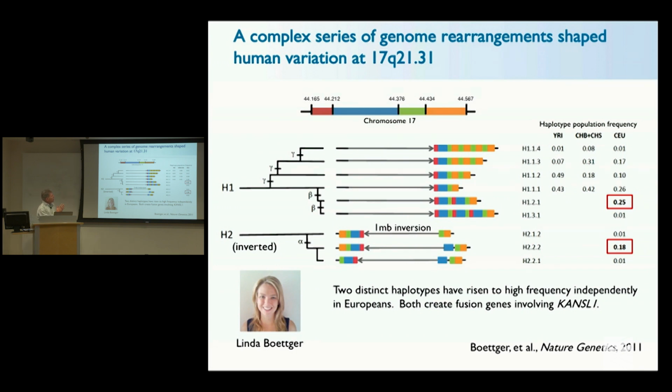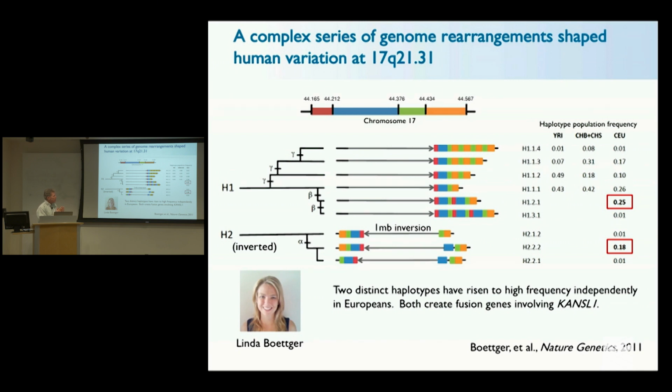The top is showing you, I believe, the HG19 reference, and it's showing you these 4 blocks in different colors. And then below this are pictures of the different structures we see occurring at high frequency in humans. Some have the inversion in the forward orientation, those are the top 6 labeled H1, and some have the inversion in the reverse orientation. And then you get these polymorphic copy number changes.